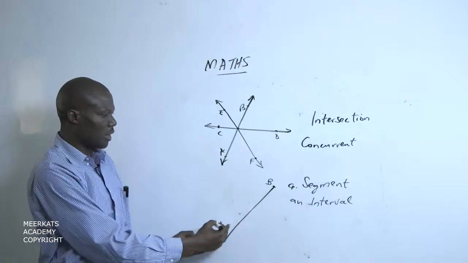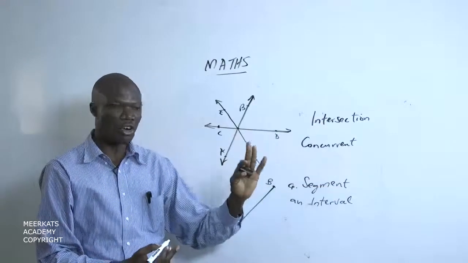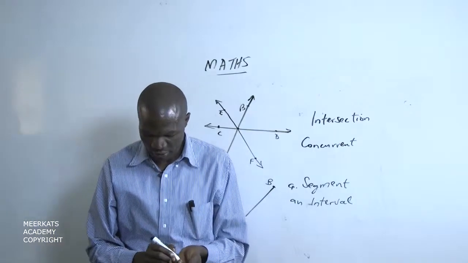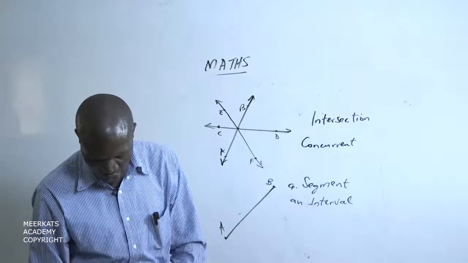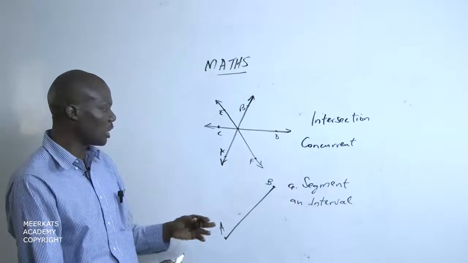So the space between A and B is either a segment or an interval. We can denote it using the letters.